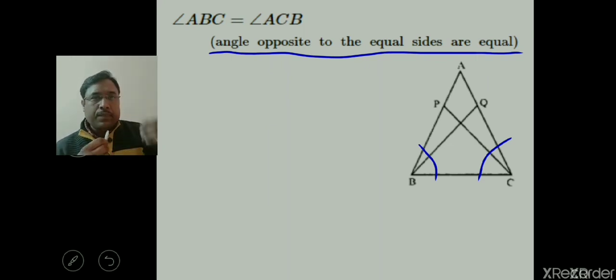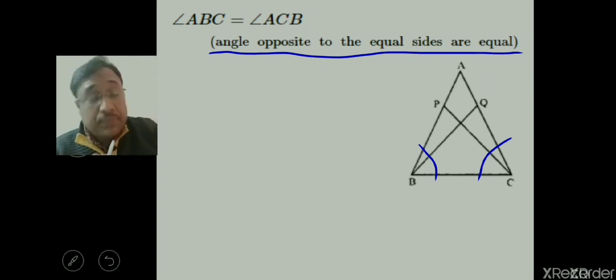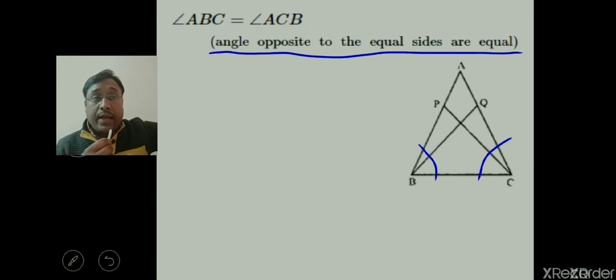In an equilateral triangle also, all the angles are equal, because you compare two angles at a time, and these two angles are opposite to equal sides. Same here in the isosceles triangle, angles opposite to equal sides are equal. Therefore angle ABC and angle ACB are equal.